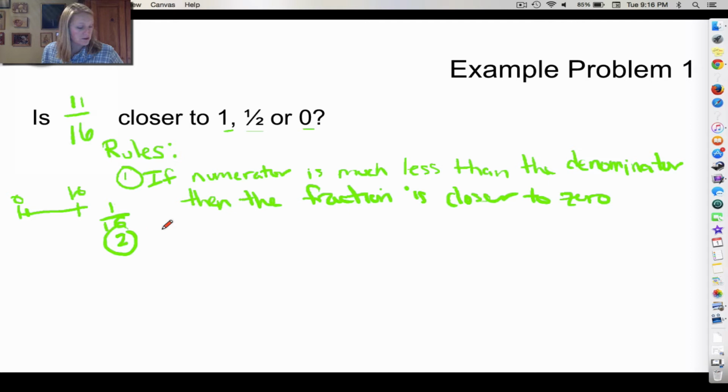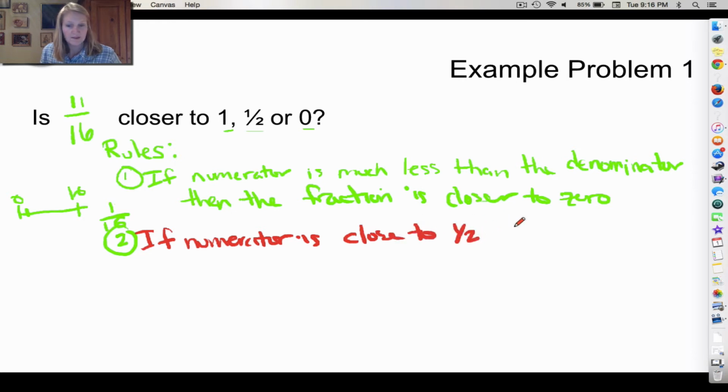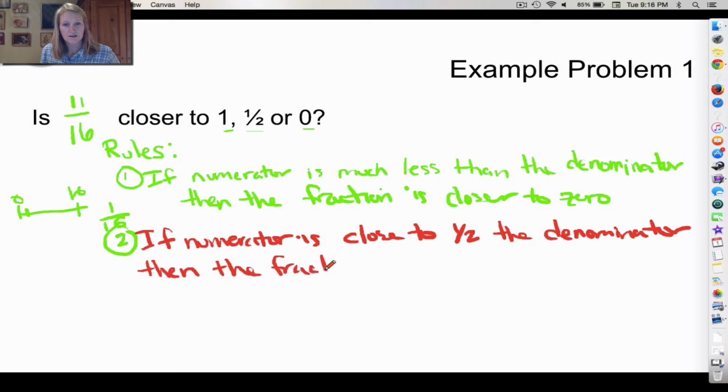Rule number 2 is if the numerator is close to half the denominator, then the fraction is closer to 1/2.